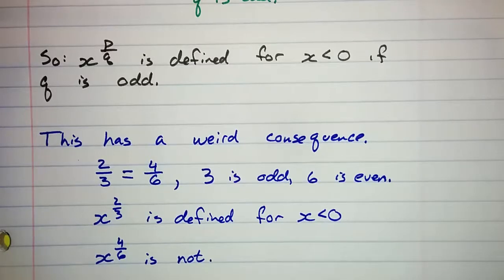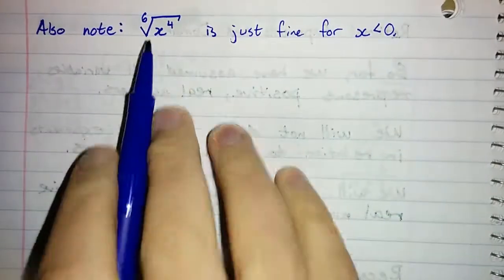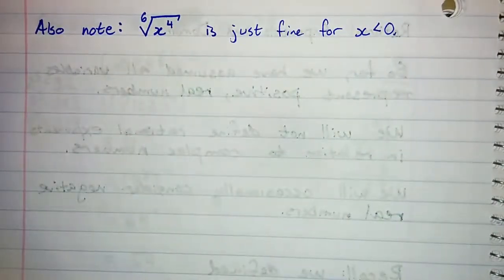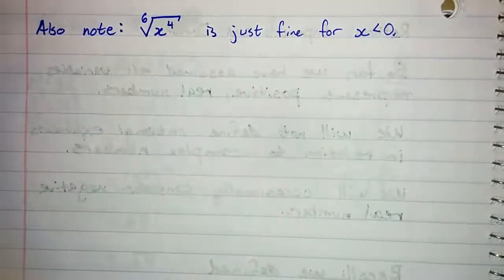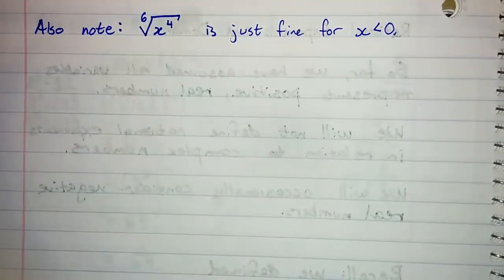So most of the time, we're going to say x has to be positive. It should also be noted that the 6th root of x to the 4th is perfectly well defined for negative x. Why? Because we take the 4th power of x and always get a positive answer, and we can take the 6th root of that.